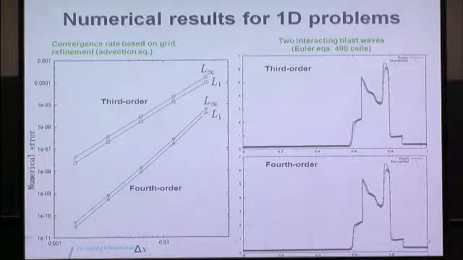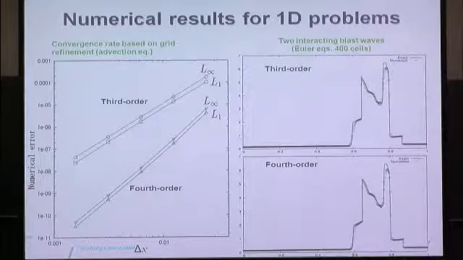I'll just show you some of the 1D results. This is third order convergence. This is the test for the advection equation. We just calculate a sine wave and see how it converges based on the grid refinement experiment.